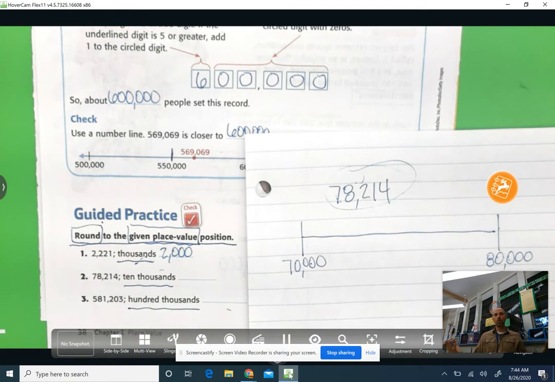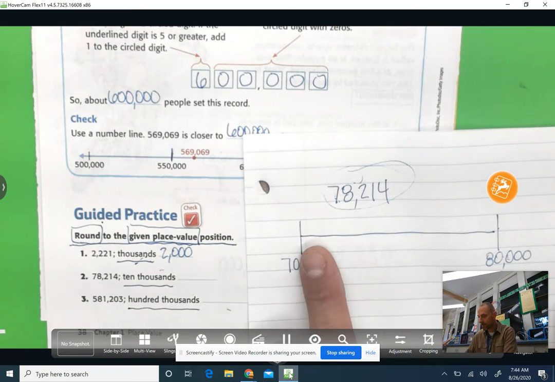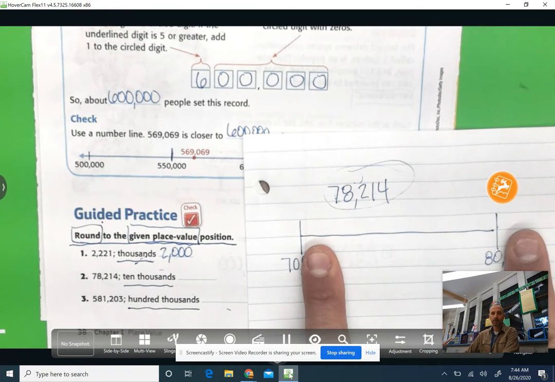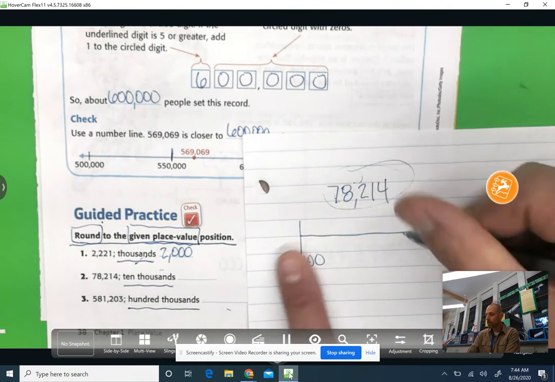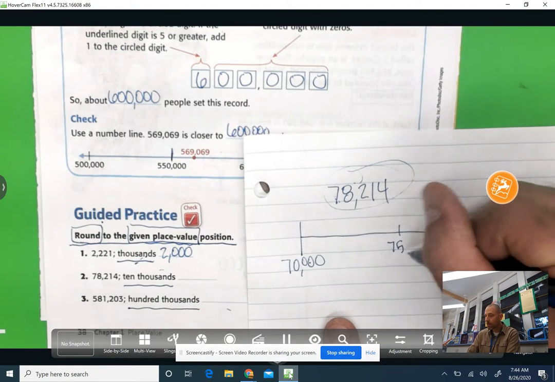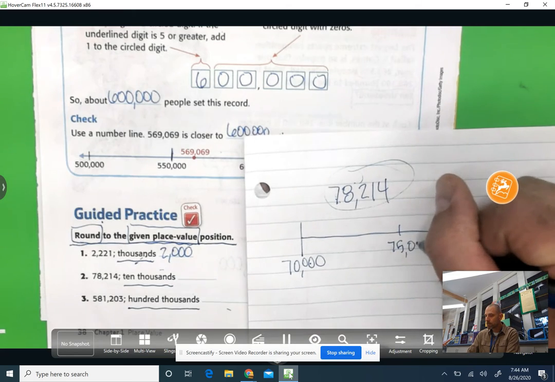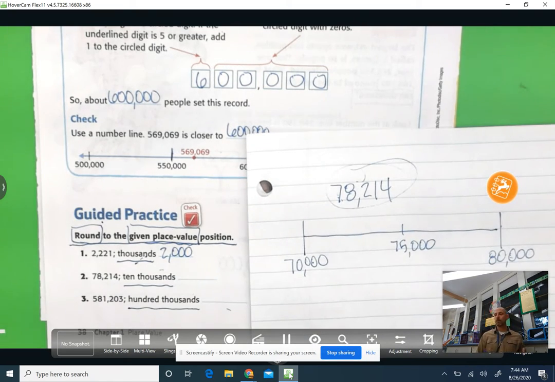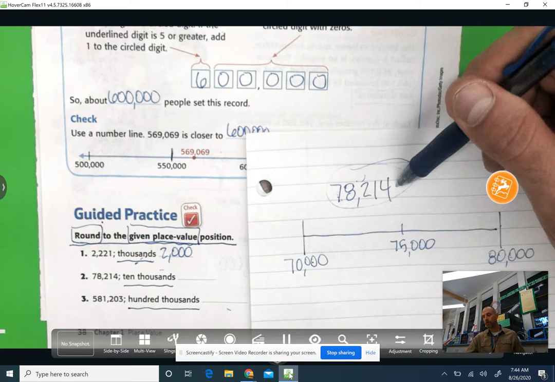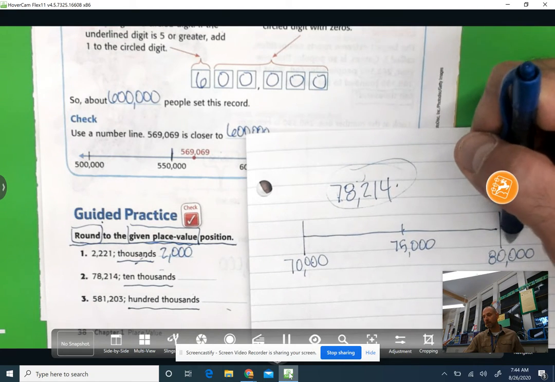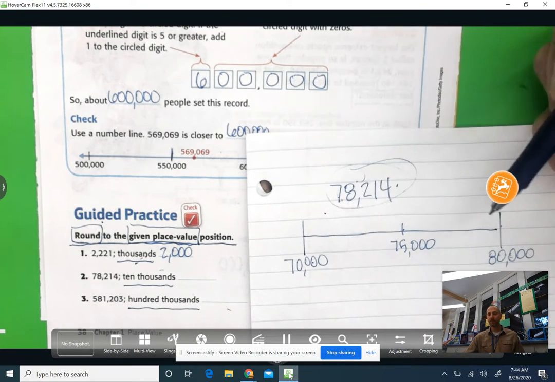Now, what is in the middle between 70,000 and 80,000? Or what's in the middle between 70 and 80? 75,000. Now, is 78,214 greater than 75,000 or less than 75,000?